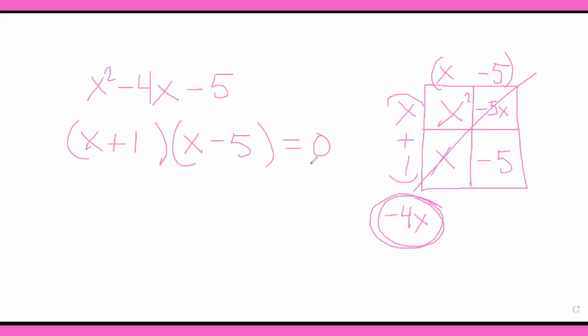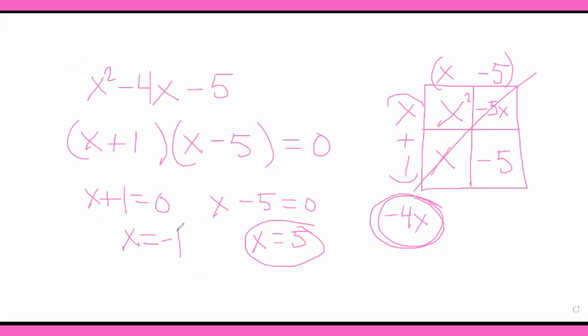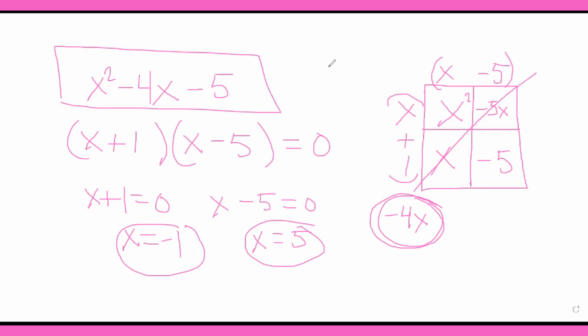But if you needed to solve or find the zeros or the solutions, we would set each of these equal to 0. And then we would solve for x. If I isolate x, I would move the 1 over, that would be negative 1. And here, move the 5 over, that would be a positive 5. So those would be my two zeros or my solutions for this quadratic. So that's using the box method.